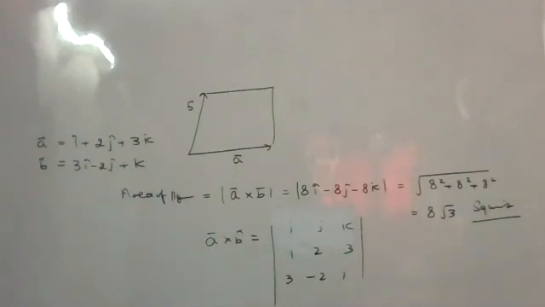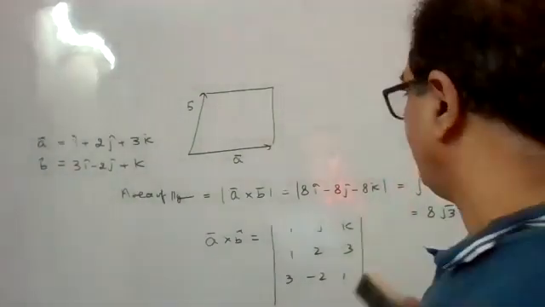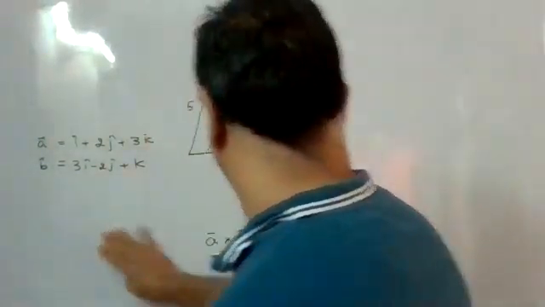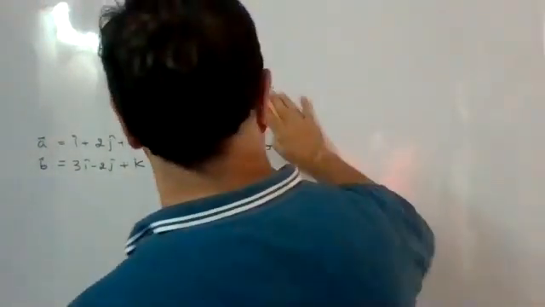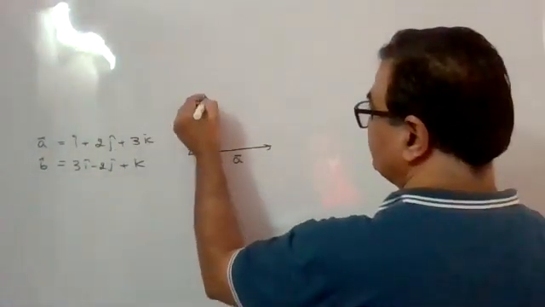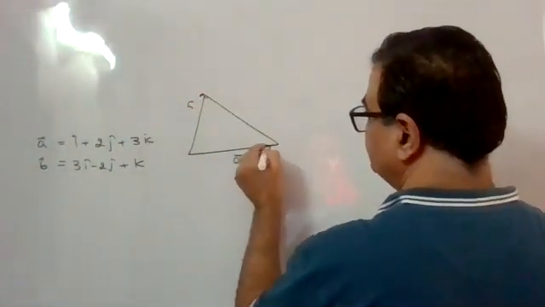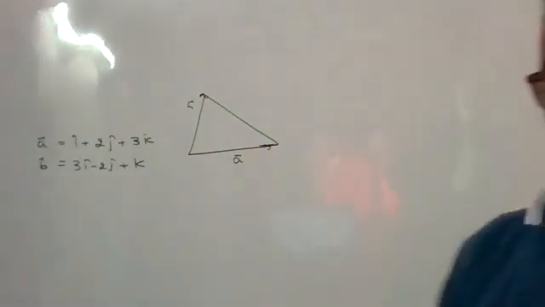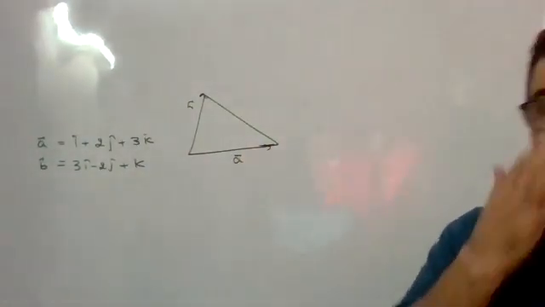One more thing, write down please. Find the area of the triangle formed by these two vectors.